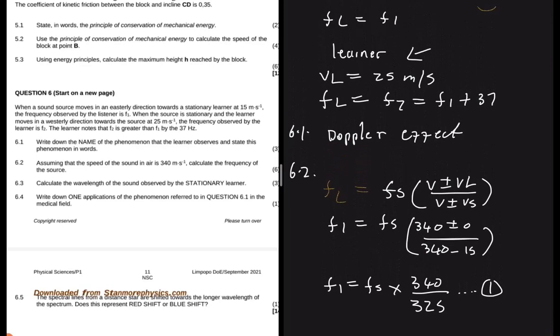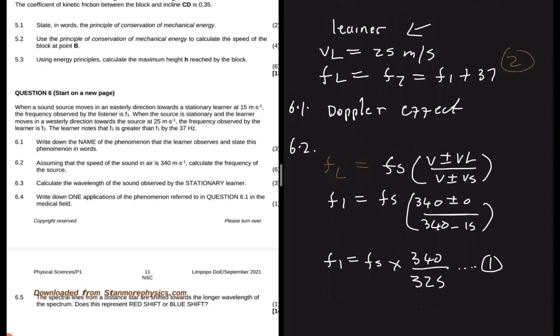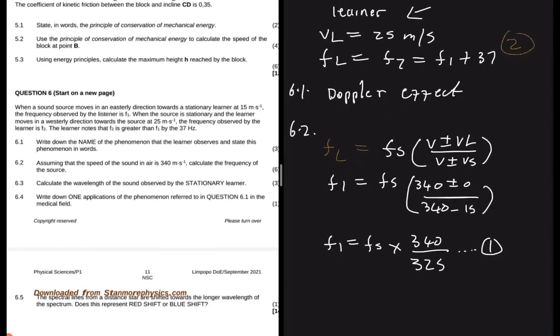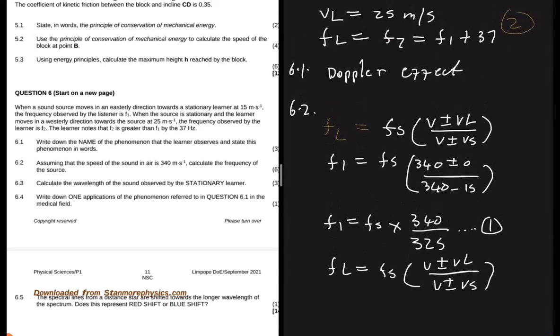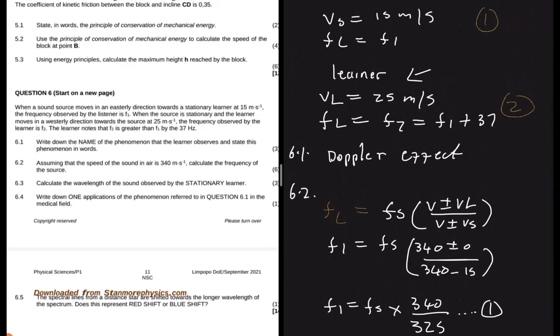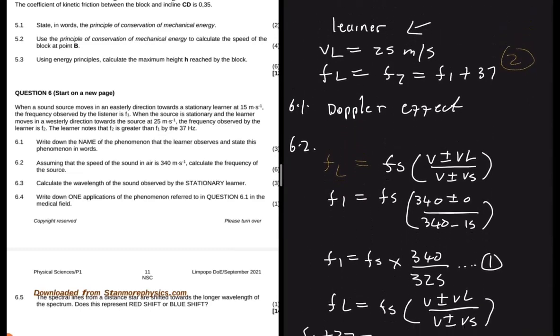And then now let's come to our second scenario when the learner is moving towards the sound source. So again, we are going to have FL equals Fs multiplied by v plus or minus VL divided by v plus or minus Vs. And then what is FL? We are told that when the learner is moving towards the sound source, FL equals F2, and F2 is F1 plus 37. So we're going to have F1 plus 37 equals Fs, which is unknown.